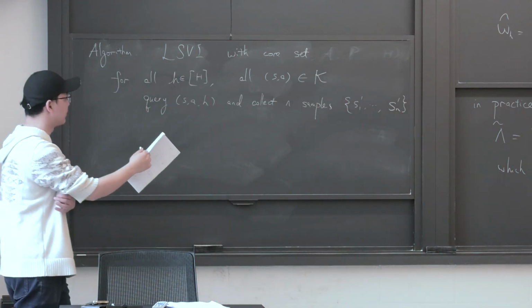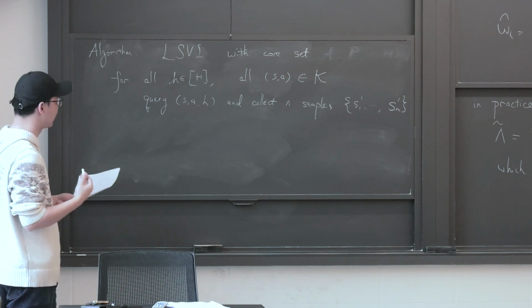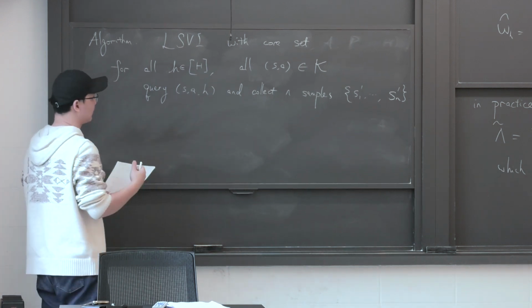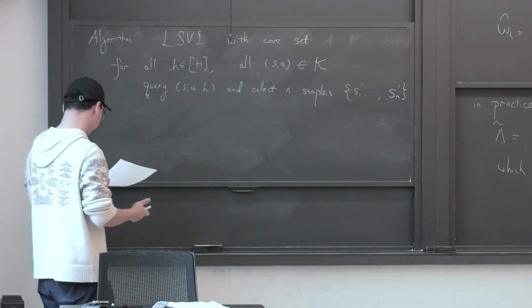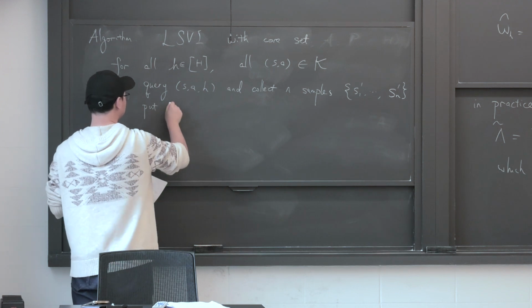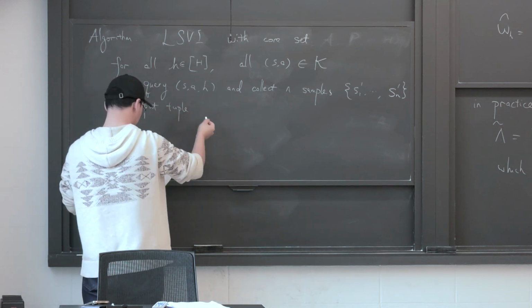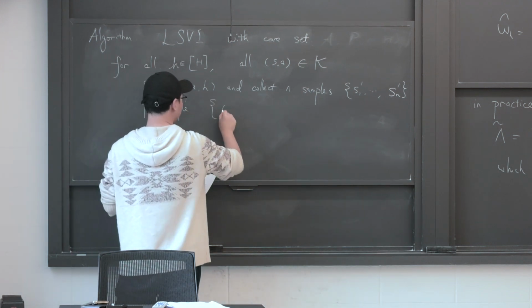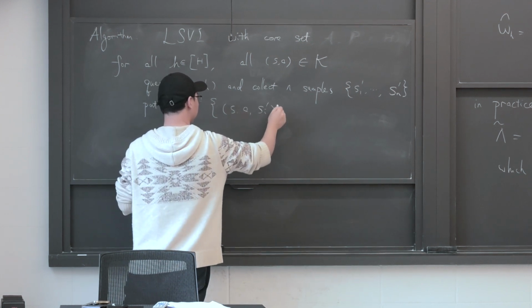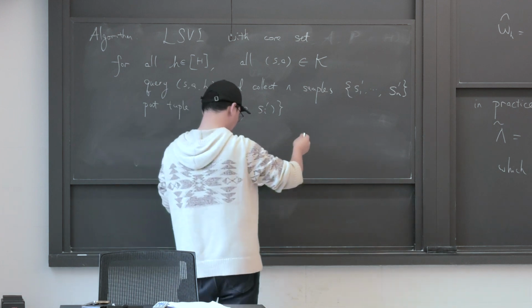This part is similar to the simulator part. We just directly query the simulator and get n samples of the next state. Again, for simplicity, we assume reward is known. And then we just put the tuple s, a, Si prime into dataset D.